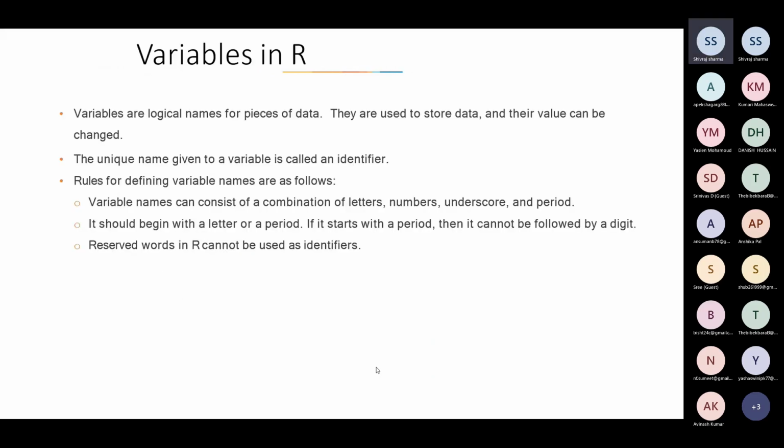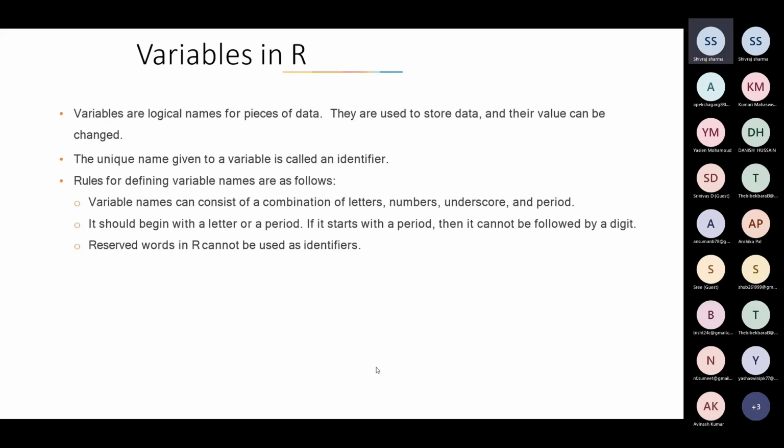Why do we assign a variable? Because we need to store that data in a particular place, and that variable contains the value, or you can say the data, that we have.